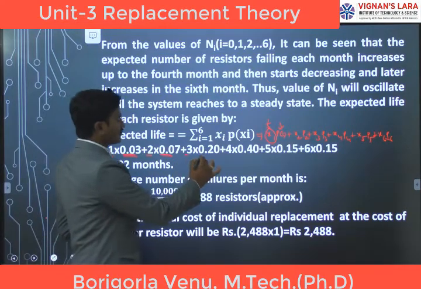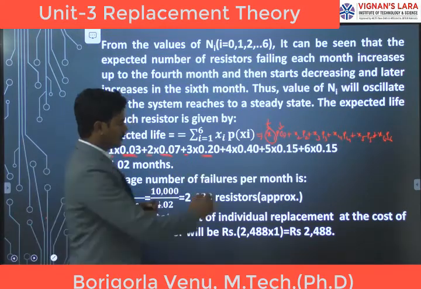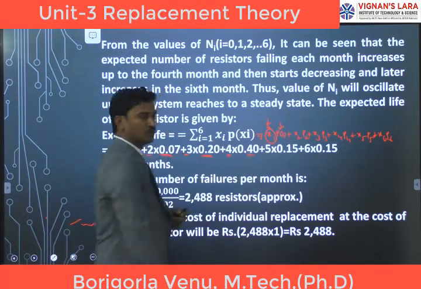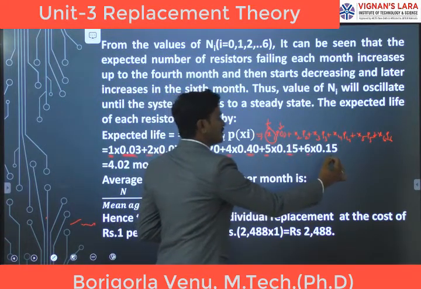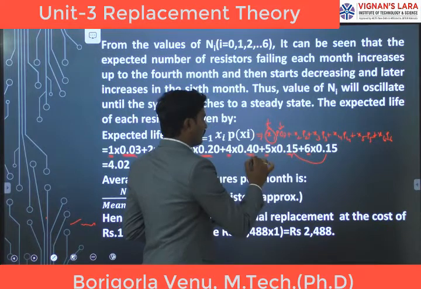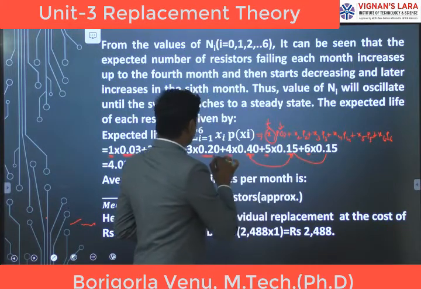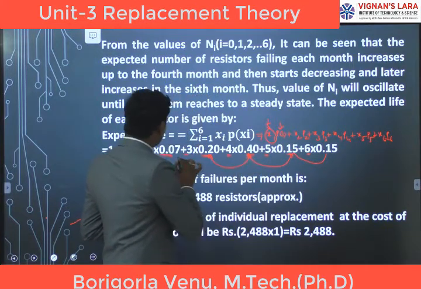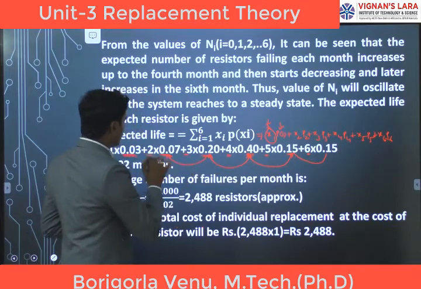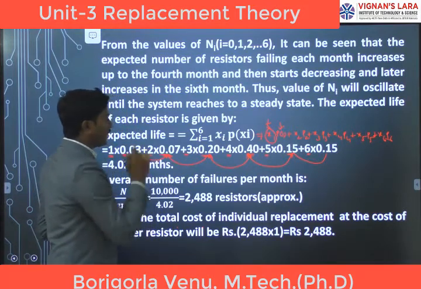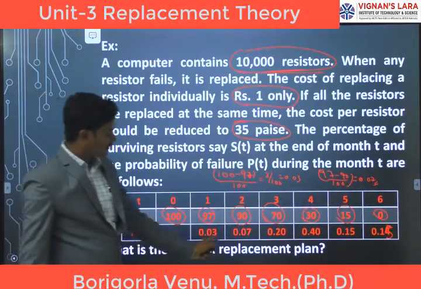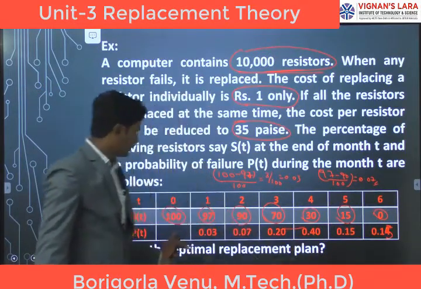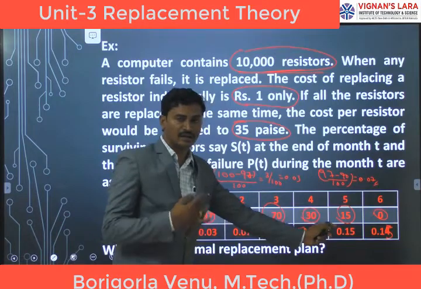Next, third month 0.20, fourth month 0.40, fifth month 0.15, sixth month 0.15. From where do we get these values? These values are taken from the tabular column. These are the probability factors we have taken.